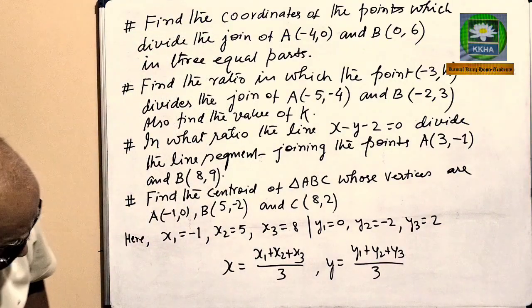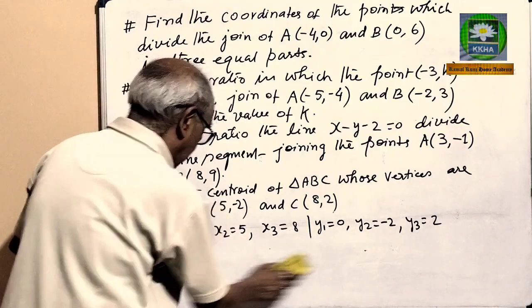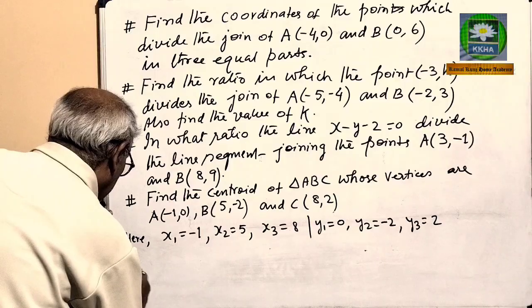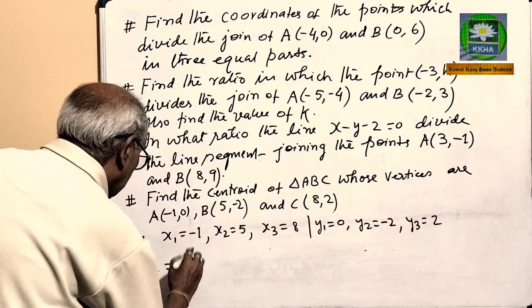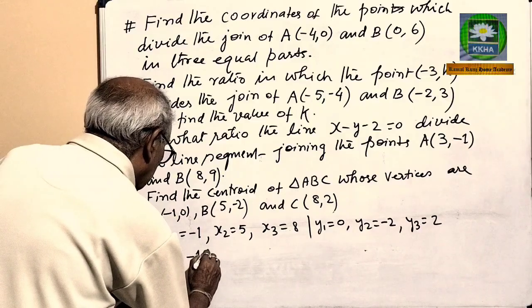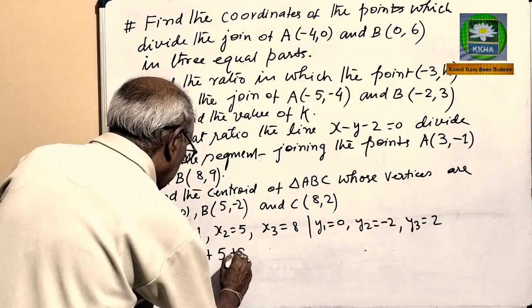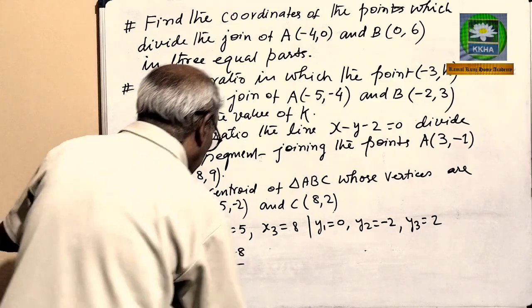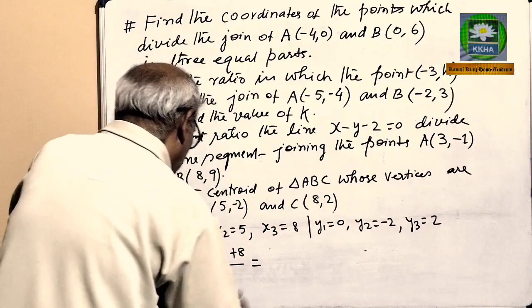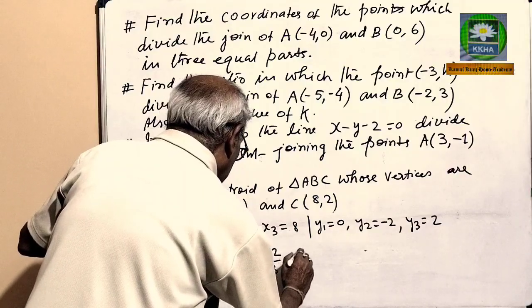Hence, therefore x equal to x1 is -1 plus x2 is 5, x3 is 8 divided by 3. This is equal to 12 divided by 3 equal to 4.